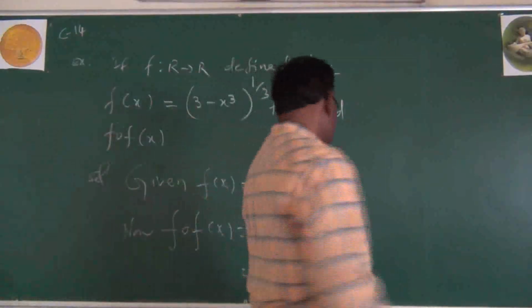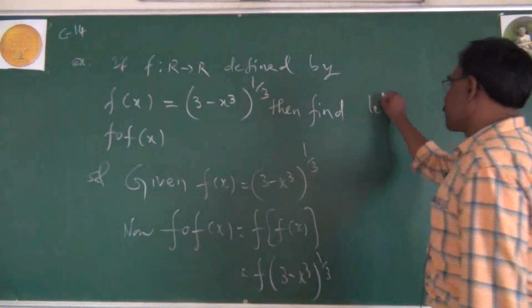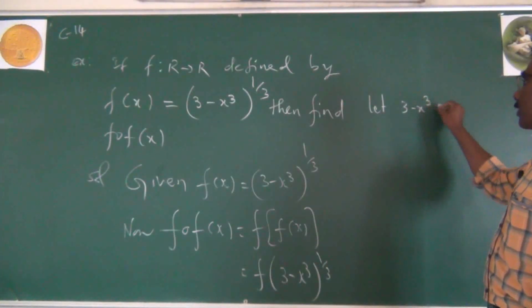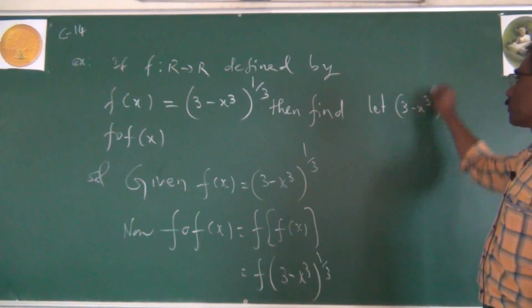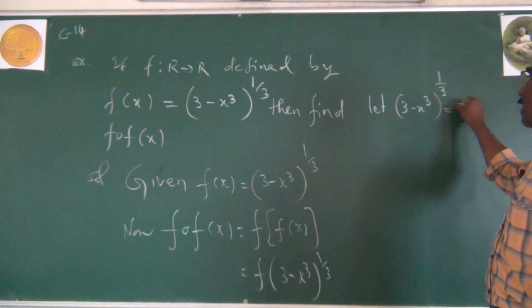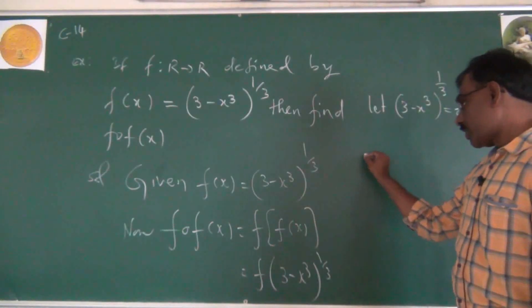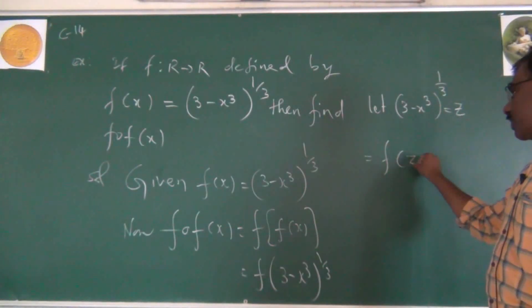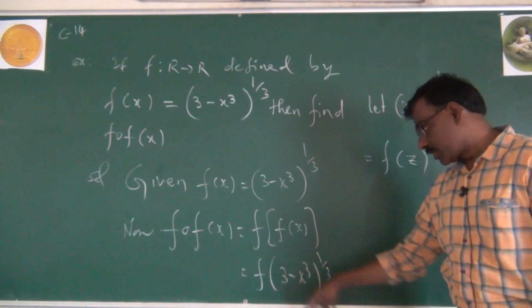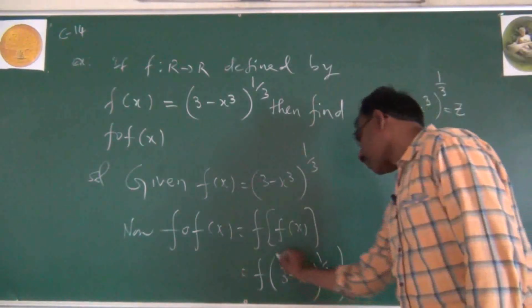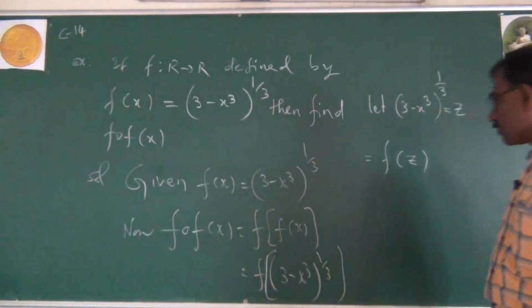Okay, now I am taking (3 minus x cube) raised to 1 by 3 as z only. When taking z, it becomes f of z.